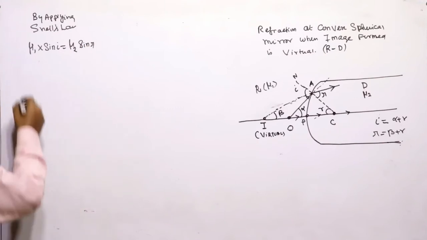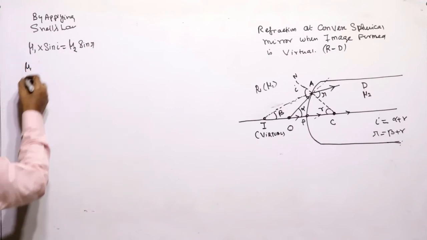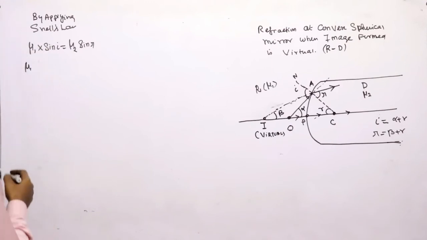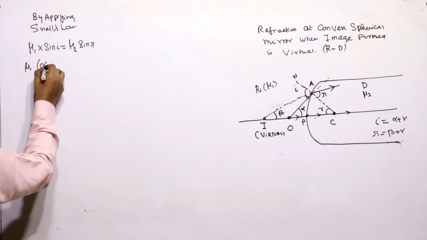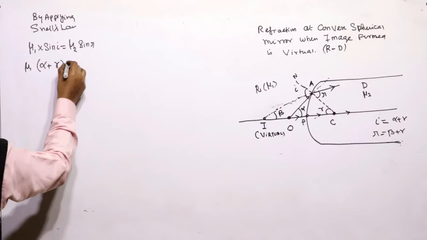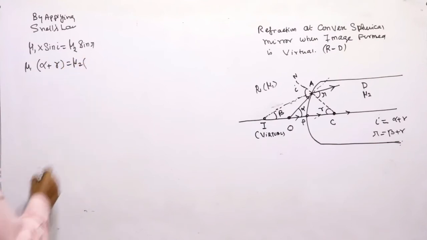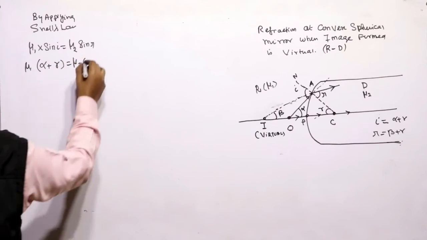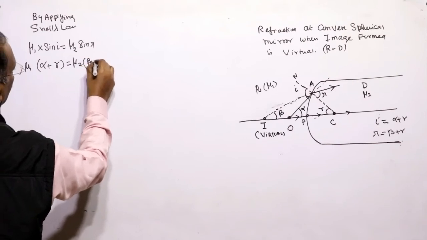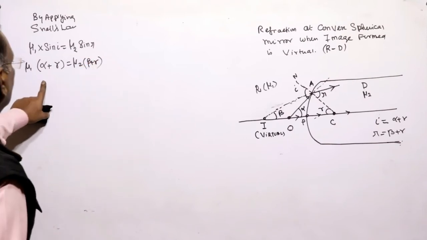So mu1 into sine of i is equal to mu2 into sine of r. With i equal to alpha plus gamma and r equal to beta plus gamma, we have to find out alpha.